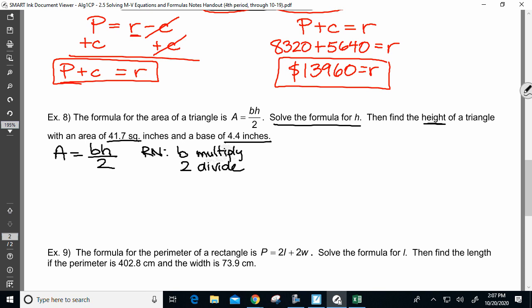So that means now we can take our opposites. What's opposite of multiplication? Division. So we're going to have to divide by B. What's opposite of division? Multiplication. We're going to have to multiply by 2.